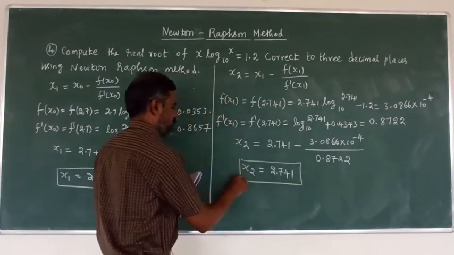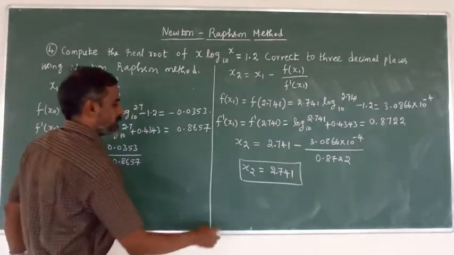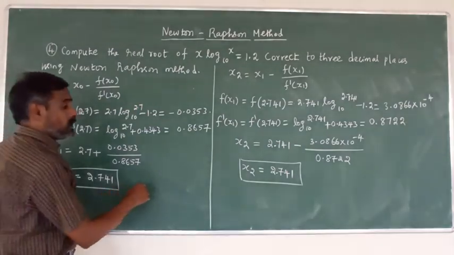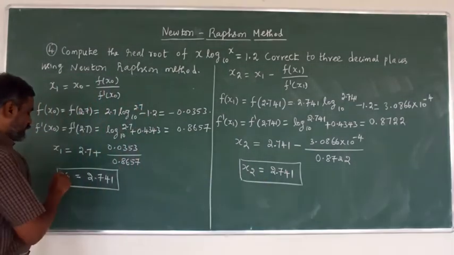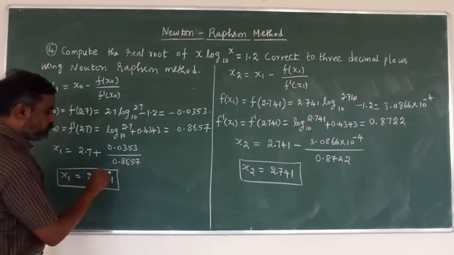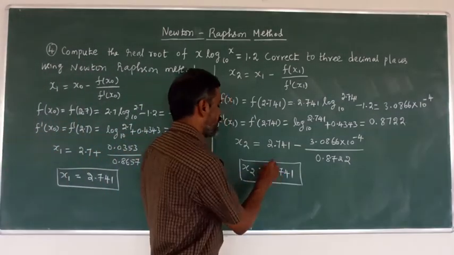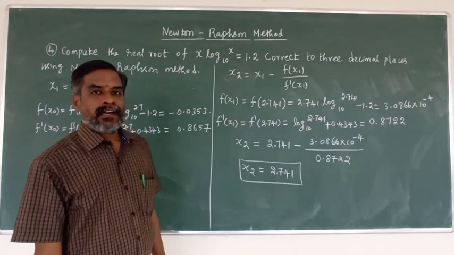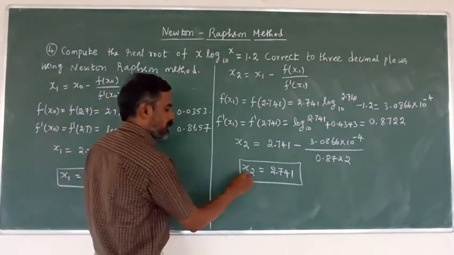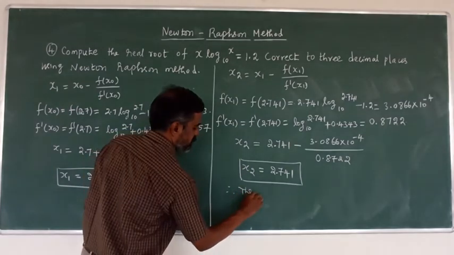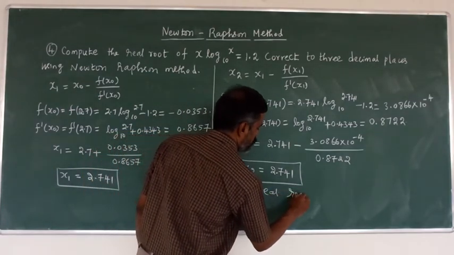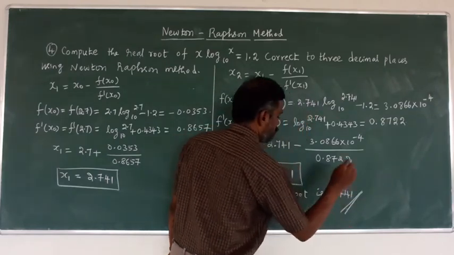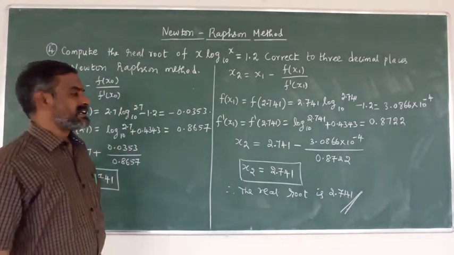Now compare the x₁ value and x₂ value, both results are same. x₁ value 2.741, x₂ value 2.741, both are same. Now stop the iterations at x₂. Therefore, the real root is 2.741. This is the final result.